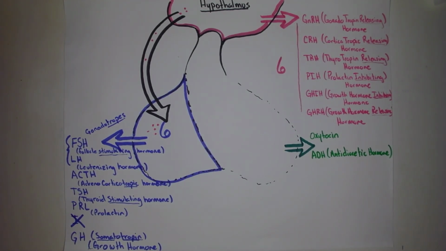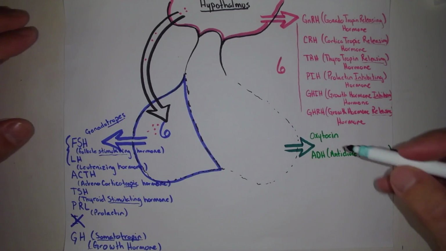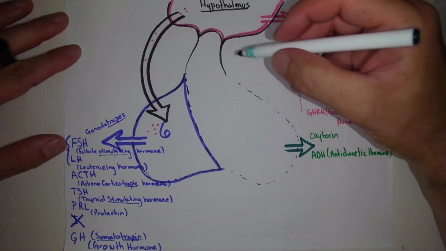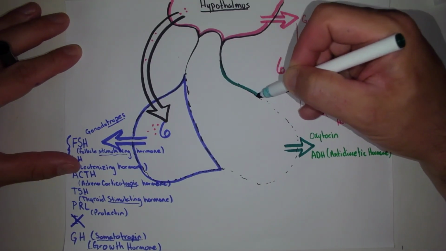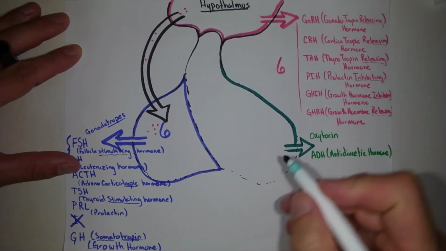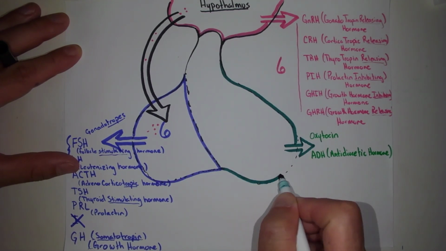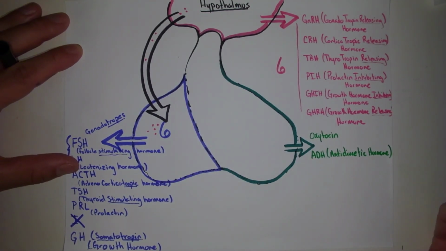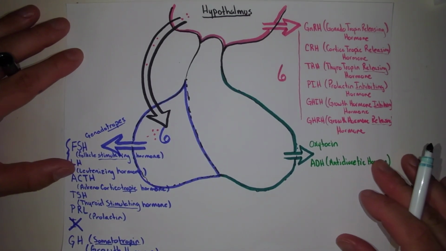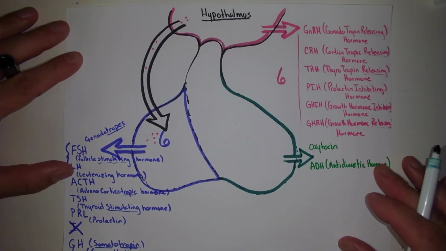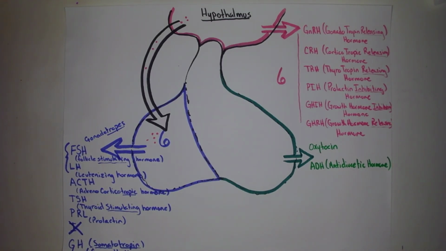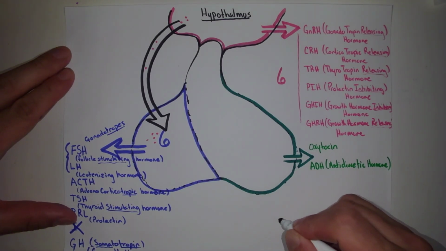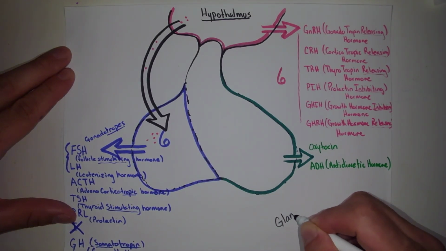Now there's one more group I want to talk about, and that's oxytocin and ADH. These come from the hypothalamus, but they are released from the posterior pituitary. Now, we have a basic concept here, and that's that these are glands. Remember, a gland is one or more cells that make and secrete a particular product. These are all glands.